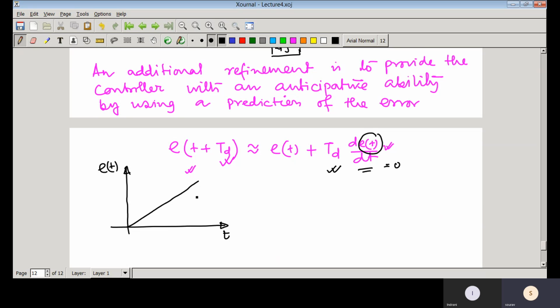That means whenever error is varying, then only the derivative action takes place. So here you have seen that it predicts the error Td time units ahead.